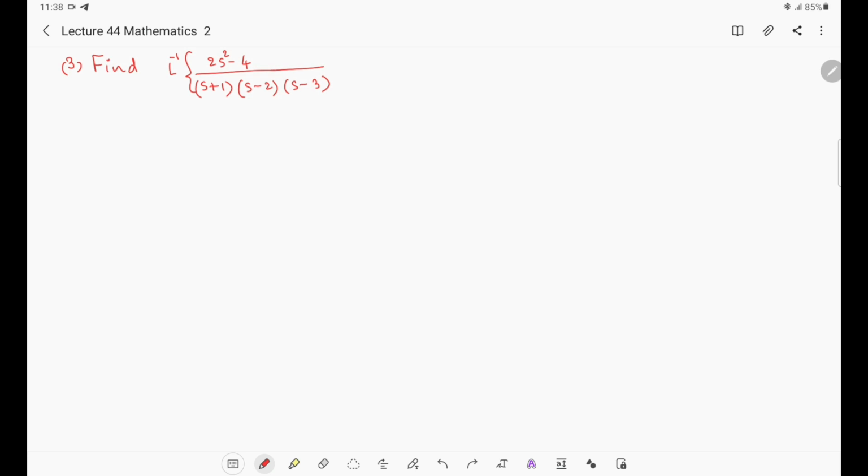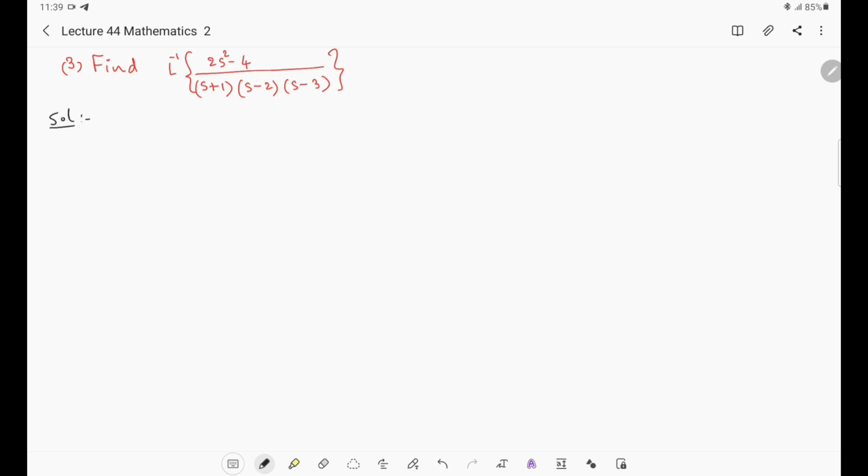Right? For this kind of problems, how to solve? Actually, we need to apply the Laplace inverse for this one, for this one, and for this one separately, but we are not having the terms in separate form. So we need to bring this into separate form by applying partial fractions that we have learned in intermediate.